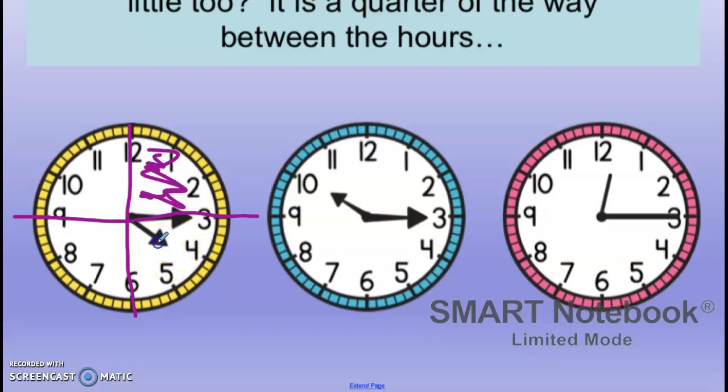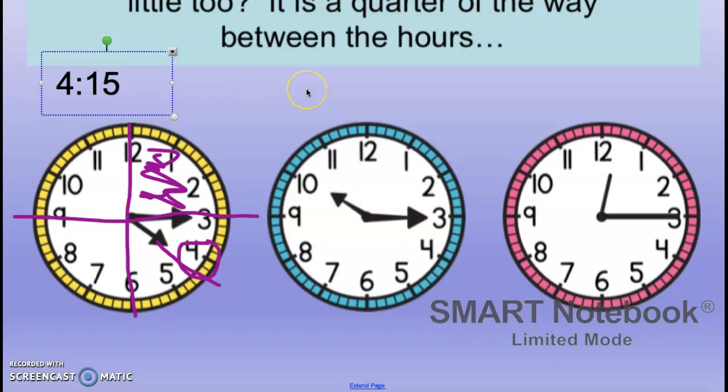Okay, so it's between the 4 and the 5. It's not quite yet on 5 o'clock, so I know it's 4 something. Okay, what time is it? That is correct. It is 4:15. And then how else can we say that? It's a quarter past what? Yes, it's a quarter past 4.